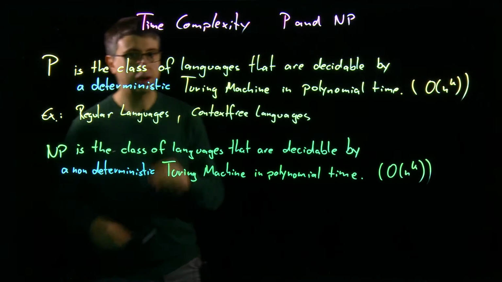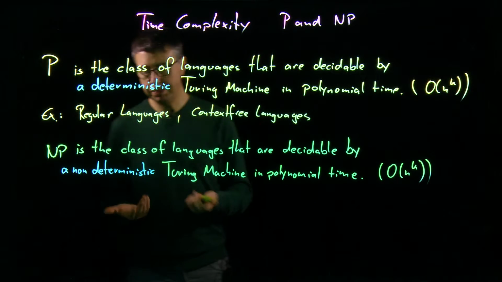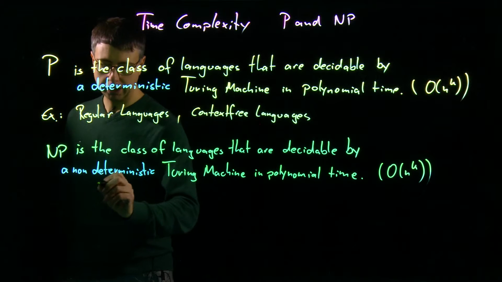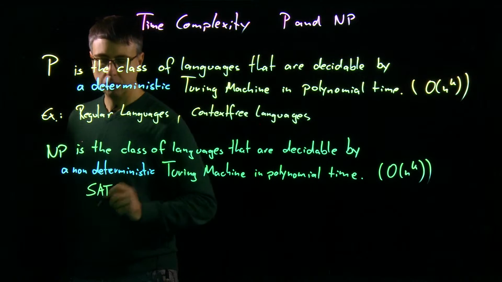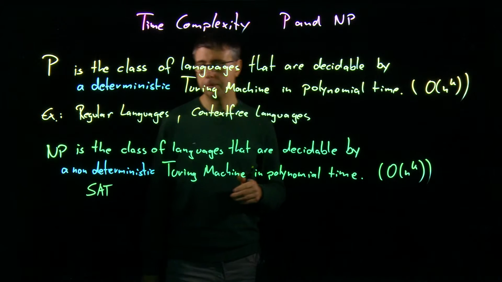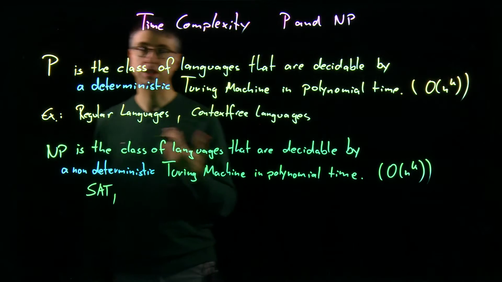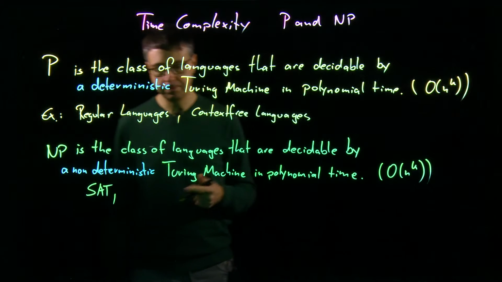And there are also a lot of interesting problems that are in NP. For example, one famous problem we will be looking at will be the satisfiability problem of propositional logic. Sounds quite abstract, but actually it's quite important.